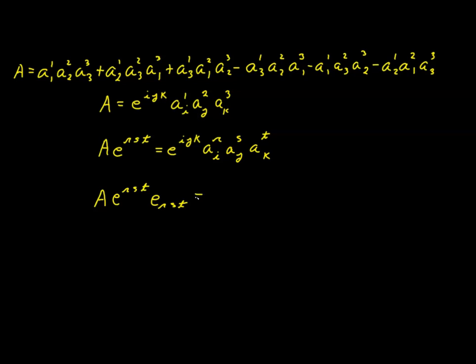And of course I have to do the same thing over here. E, I, J, K times E, R, S, T times A, R, I, A, S, J, and A, T, K.